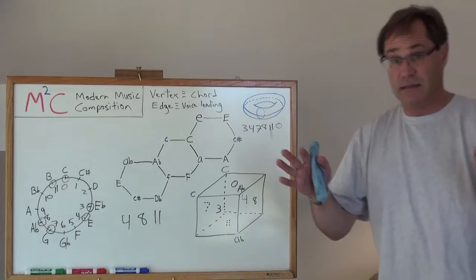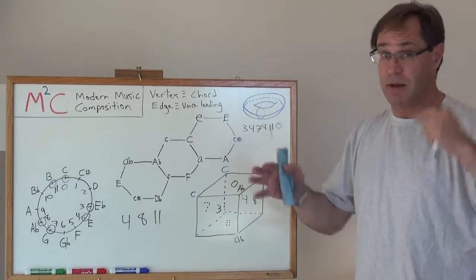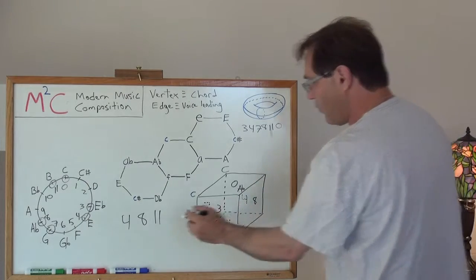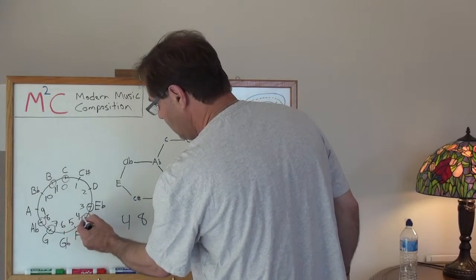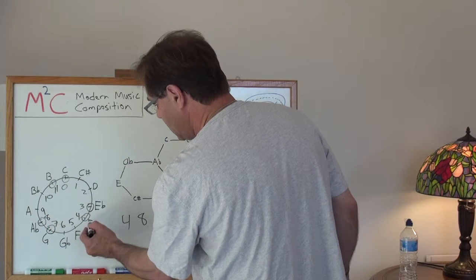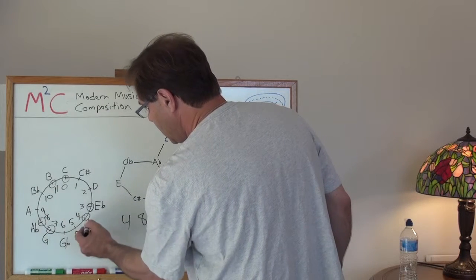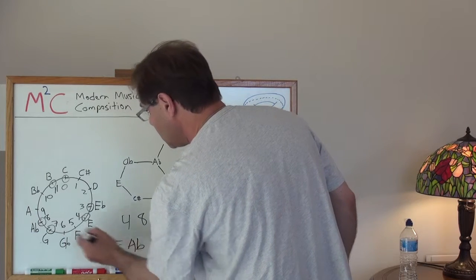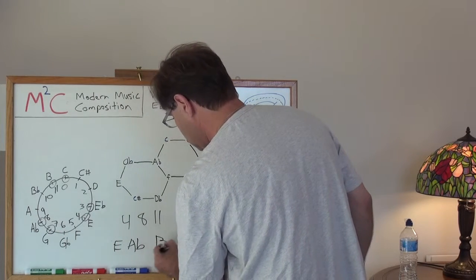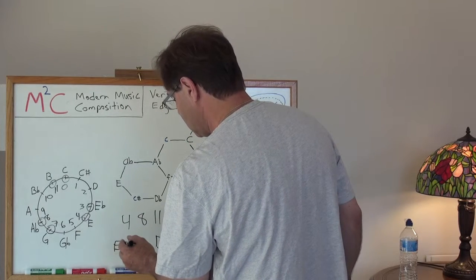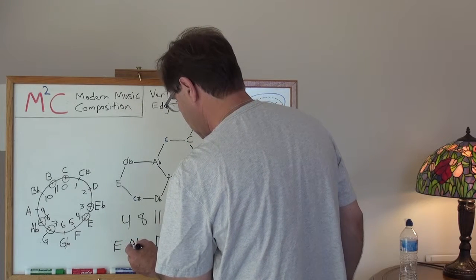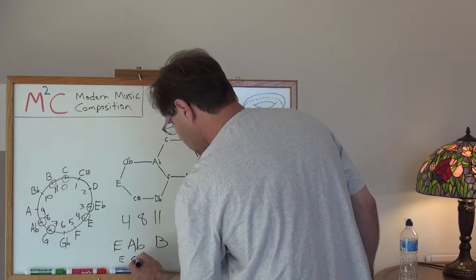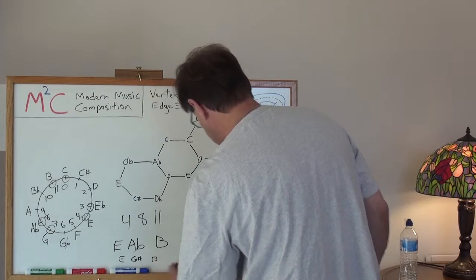I know this is tedious, and I know it's kind of abstract, but just follow along with me, please, and you'll get this. 4, 8, 11: E, G sharp, B. That's E major.